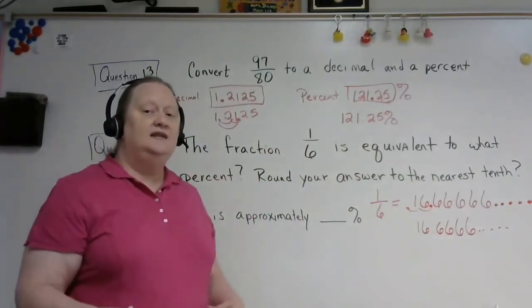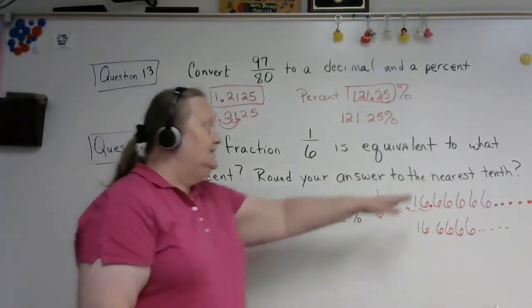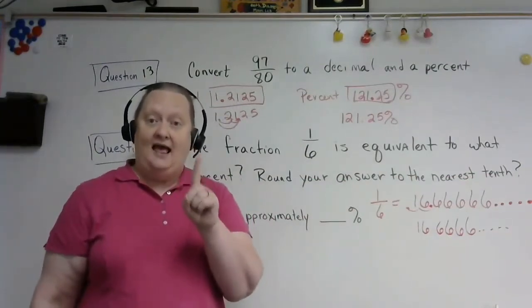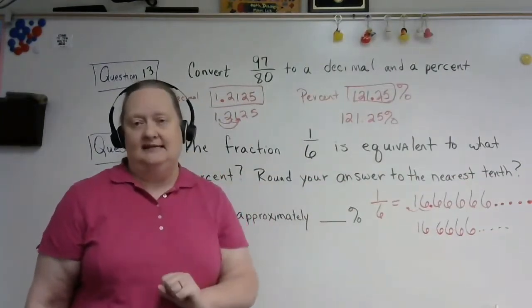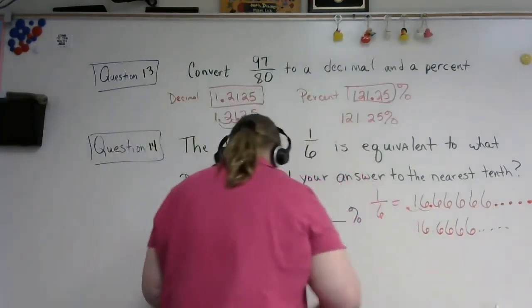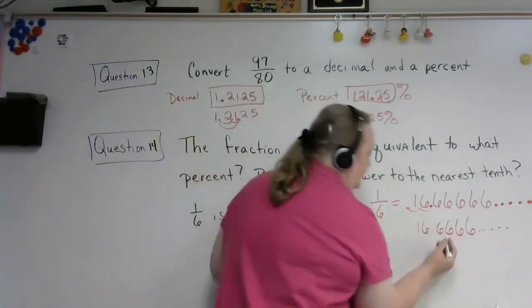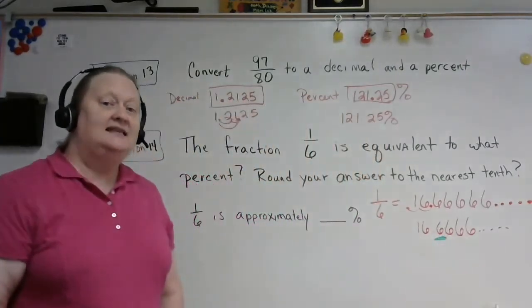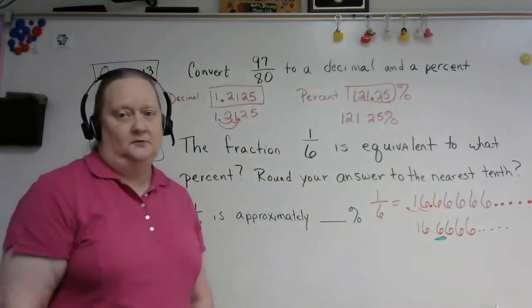But it wants it to the 10th place. The nearest 10th would be the first decimal place. The first place after the decimal is the 10th. So we want to round to this decimal place right here. That is the 10th. And that's after we've converted it to a percent.